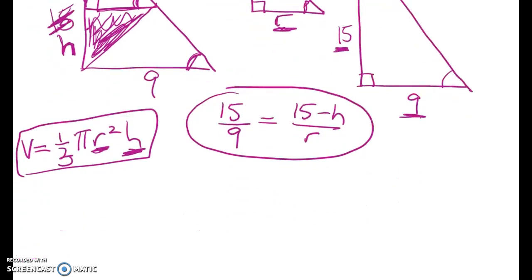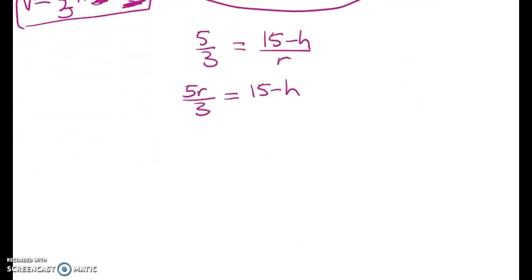So I'm going to make h the subject. Simplifying here, we get 5/3 is equal to 15 minus h over r, giving me 5r over 3 equals 15 minus h. So h is equal to 15 minus 5r on 3.